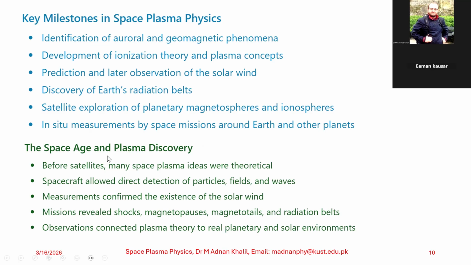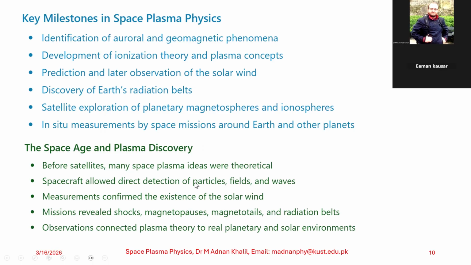The space age and the plasma discoveries. Before satellites, many space phenomena ideas were theoretical. As I told you, in the case of auroras, those were direct observations from the surface of the Earth through the polar regions. Spacecraft allowed direct detection of the particles, fields and waves.